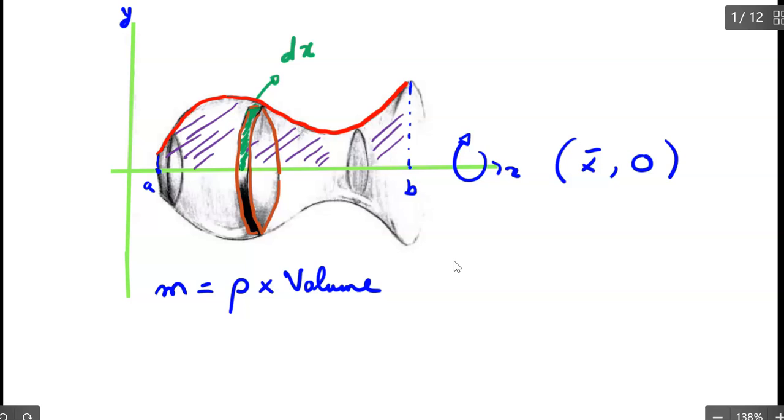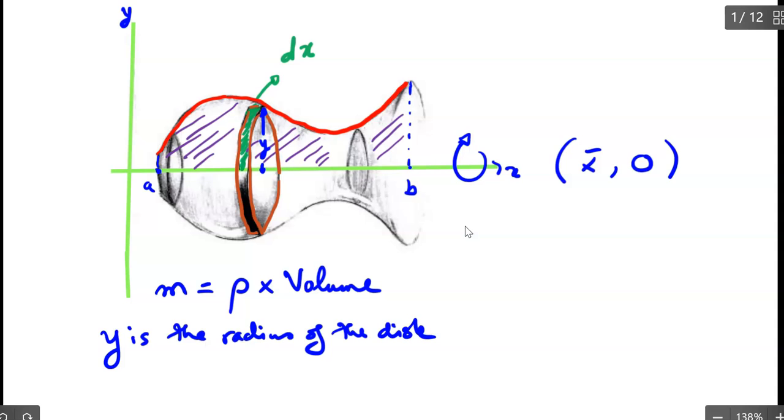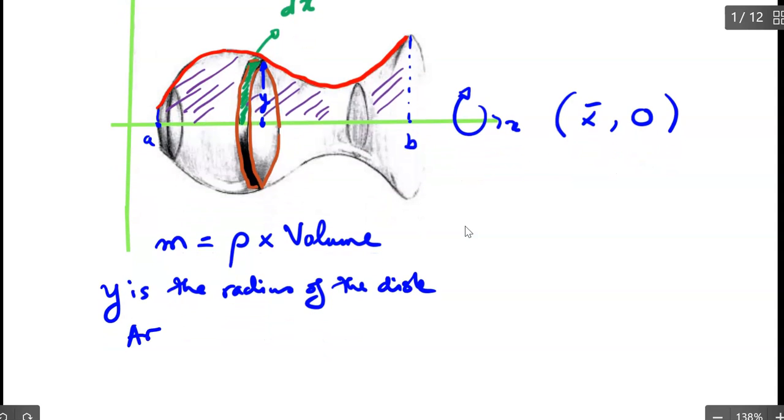From here to here, I would like everyone to note this is equal to y. That means the radius of this circle on this disk will be equal to y. So y is the radius of the disk. Then the area will be equal to pi r squared.